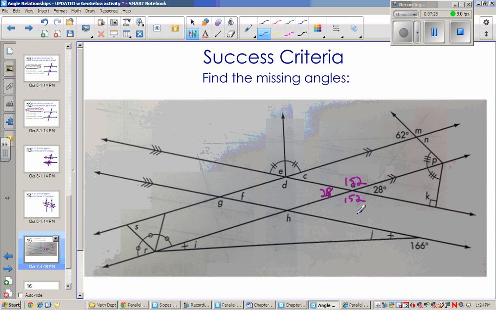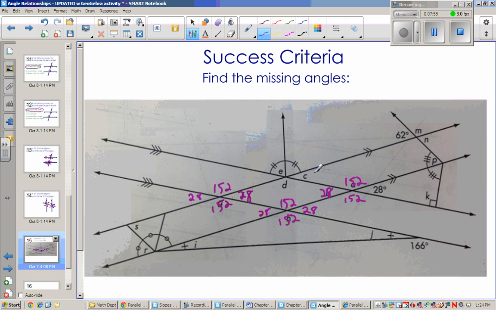Now we know all of these angles are here. I like to fill in angles even though there's not a letter there, just so it sometimes helps us with other ones. So if this line is parallel with this line, we could fill in all of these angles here: 152, 152, 28, 28. And since these two are parallel, we can fill in these angles: 28, 152, 152, and 28.